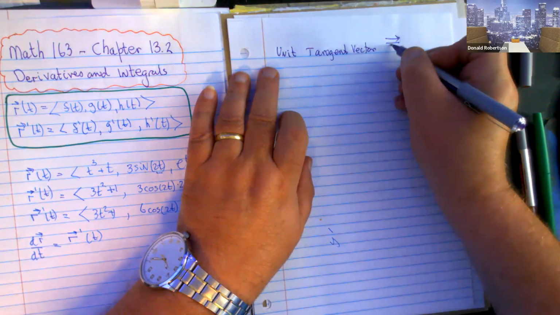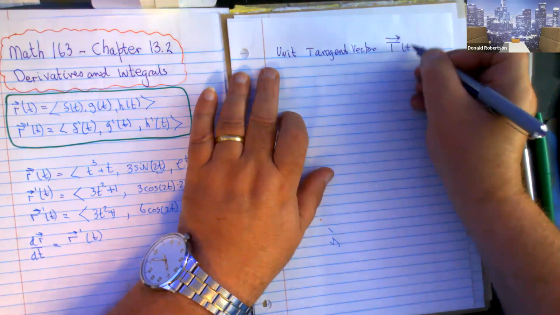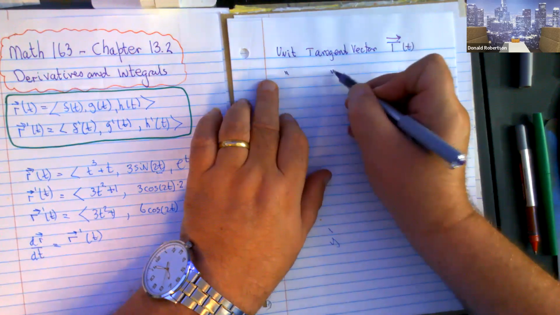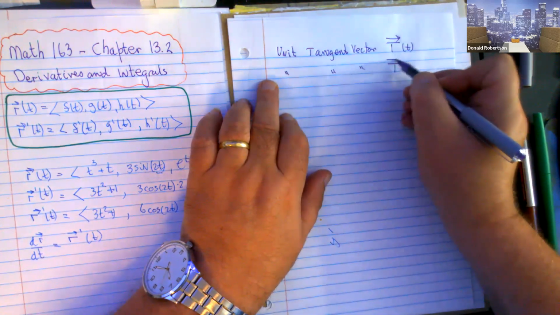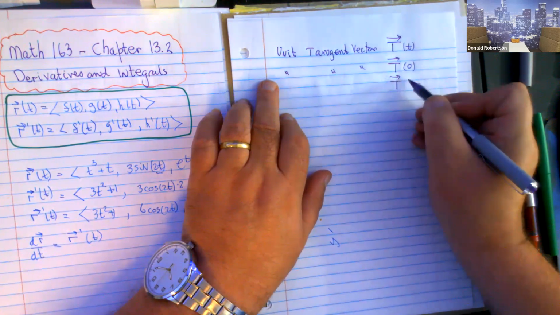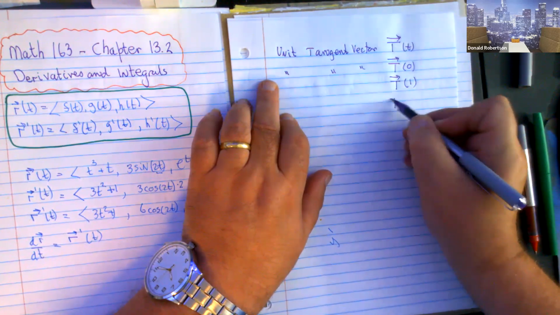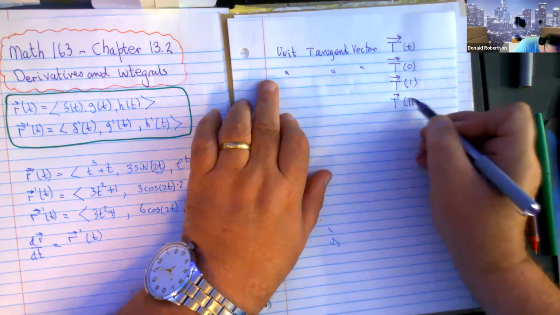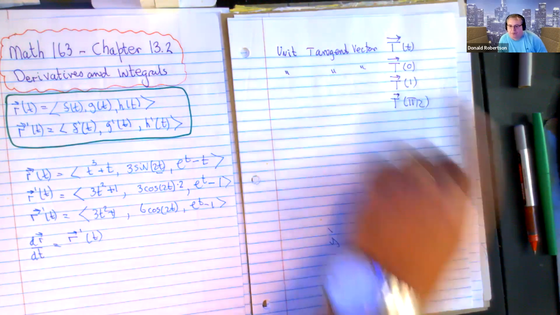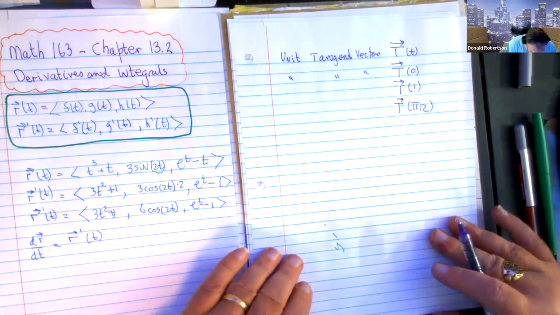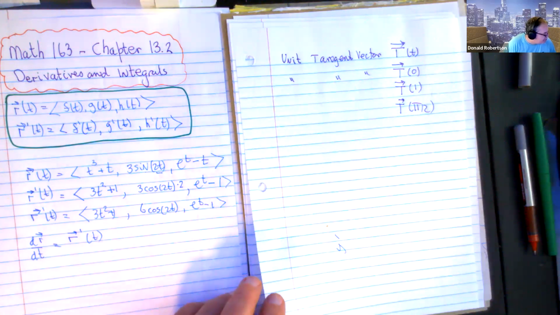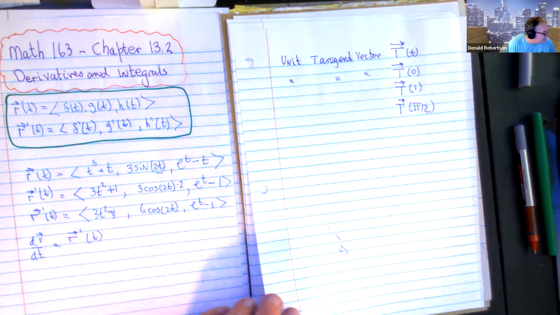It is typically called capital T of t, but most of the questions we're going to be finding the unit tangent vector at a point, like the unit tangent vector at 0, or maybe at 1, or maybe at pi over 2. Right? So you tend to evaluate it at a specific point, mostly because it's really ugly if you try and do it in terms of t. It's possible, but it's typically really ugly.